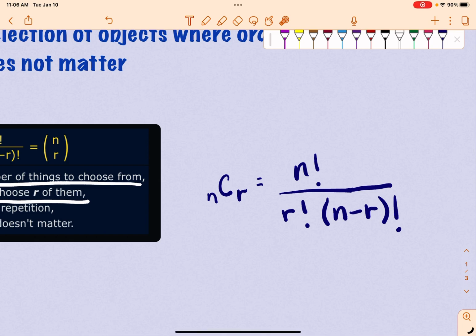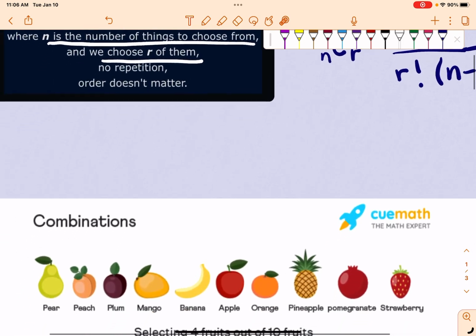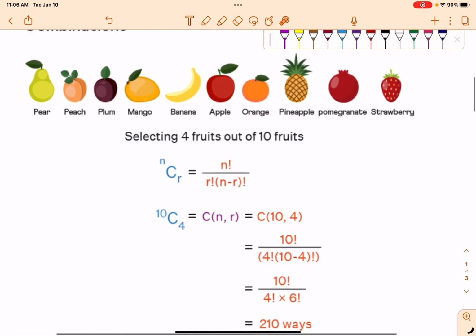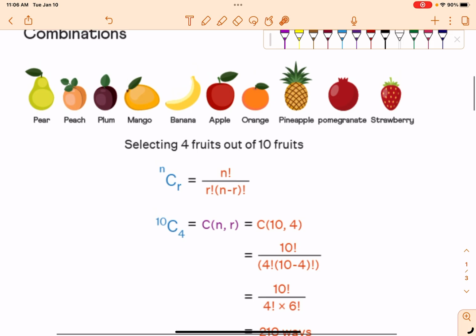So I want to go through a couple examples with you so you can kind of get the hang of how this works. So here is an example where we have it worked out. On this, I have a pear, peach, plum, mango, banana, apple, orange, pineapple, pomegranate, and a strawberry. So I have 1, 2, 3, 4, 5, 6, 7, 8, 9, 10.